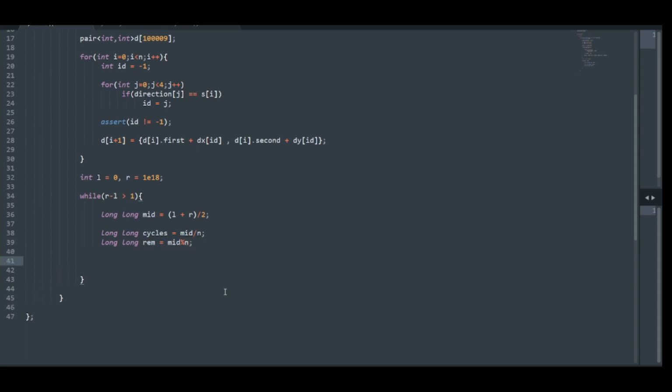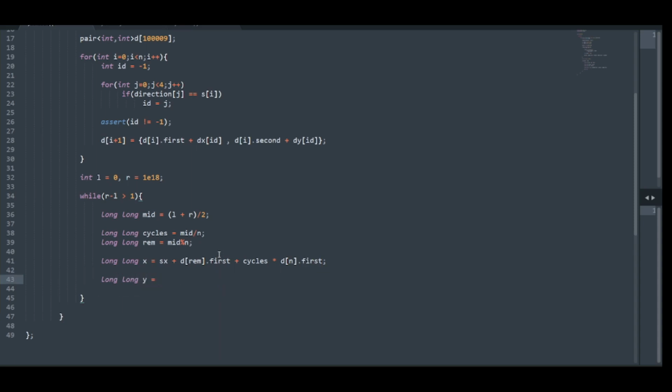Now find the final position, find the final coordinate. Since we start from this location, that is sx, plus the position in rem days would be this first, plus we have cycles, we go over these many number of cycles, and in one cycle we have this distance.